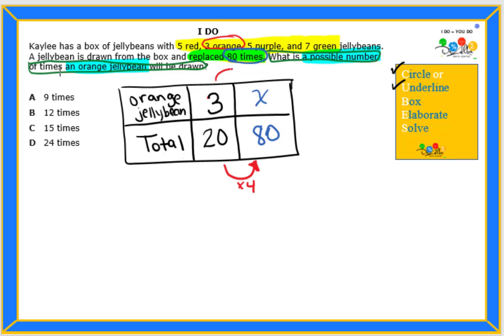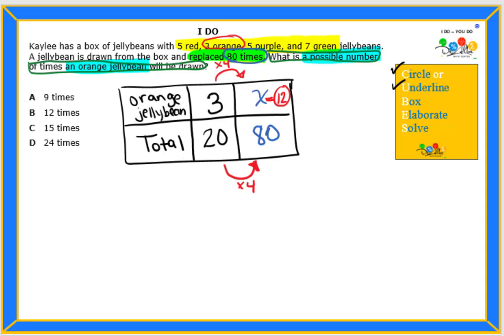So that would be 3 times 4. That's the same relationship. So if we multiply by 4 in the bottom, we can multiply by 4 at the top, and that'll give us x. So x would equal 3 times 4, 12. Okay, so that's one way.